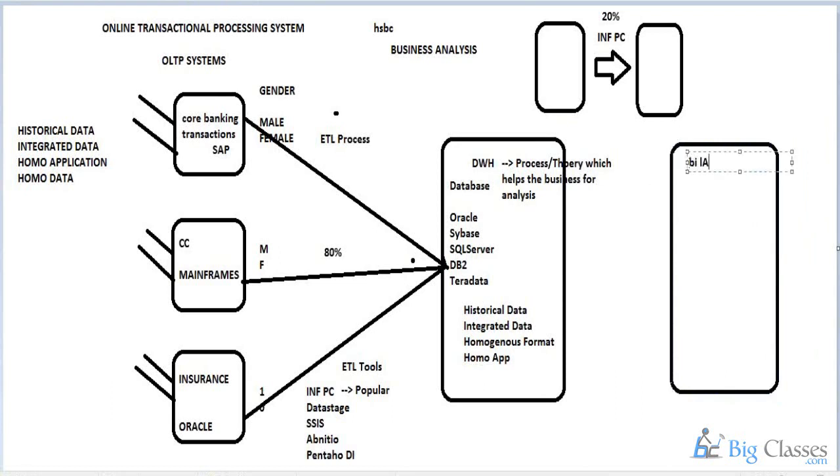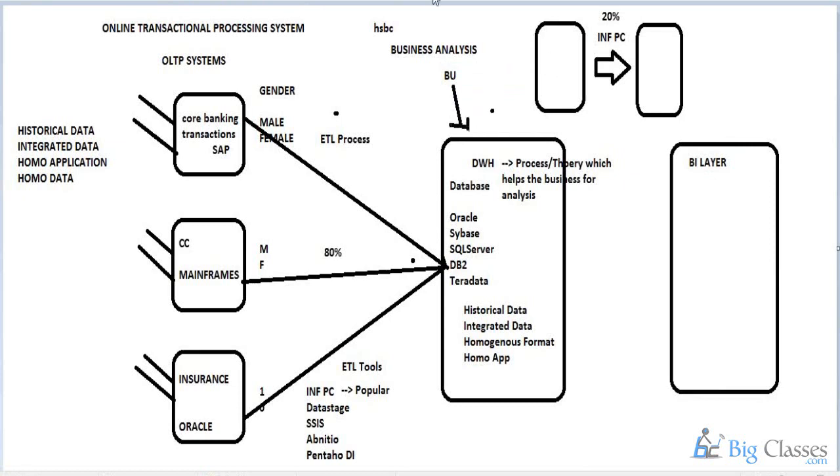So what is this BI layer? Let's say you have a business user who is not a technical guy. Once we load the data into the data warehouse, he cannot query the data from here and understand how the business is running.